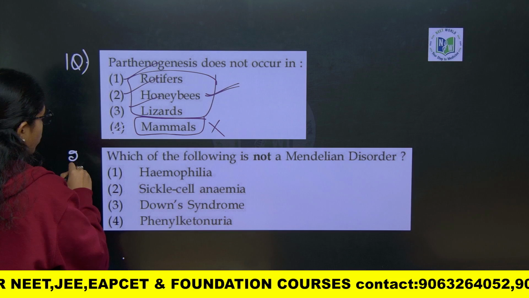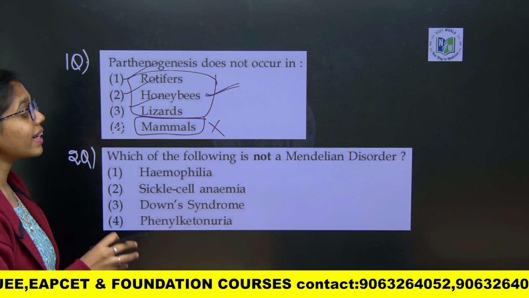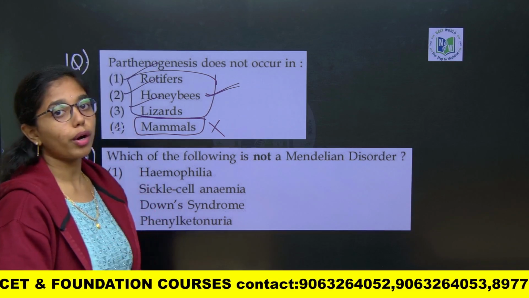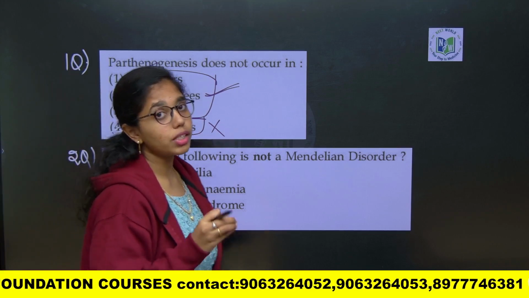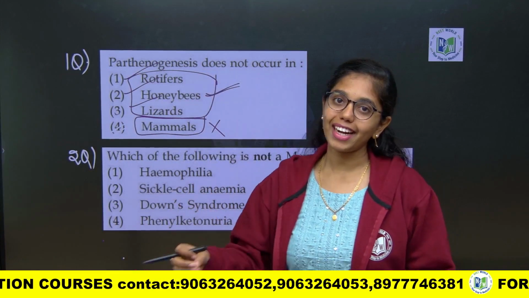Next question: which of the following is not a Mendelian disorder? It is most important to note, beta. Mendelian disorders are of two types, autosomal and allosomal.